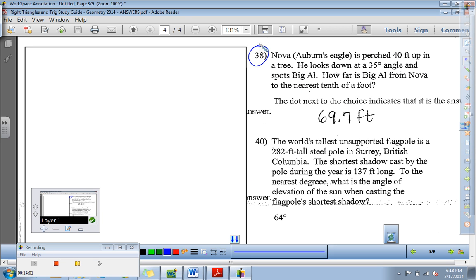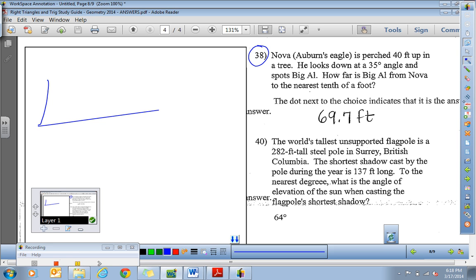Okay, let's look at number 38. Nova, Auburn's eagle, is perched 40 feet up in a tree. He looks down at a 35-degree angle and spots Big Owl. How far is Big Owl from Nova to the nearest tenth of a foot? Okay, we have a tree.